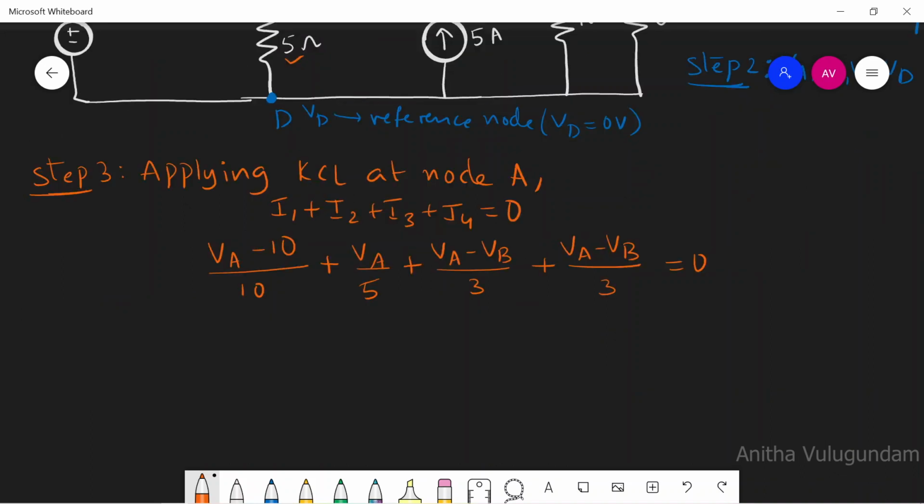By rewriting this equation, I'll get 0.96 VA minus 0.66 VB equal to 1. Let this be equation number 1.